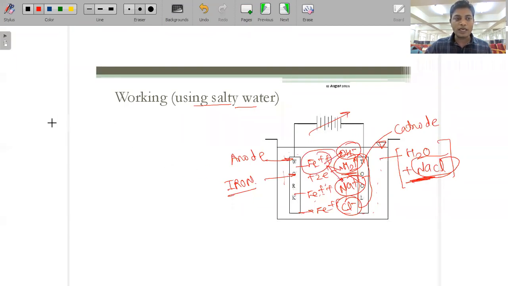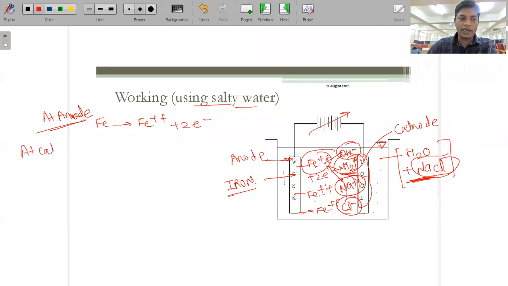So now if you look at the anode part, the iron releases Fe plus plus ions and two electrons. And at the cathode, actually it is not happening at the cathode, but positive ions are released from the anode, so we have to write that negative ions are also released from the cathode side.